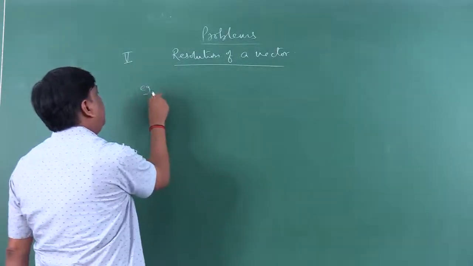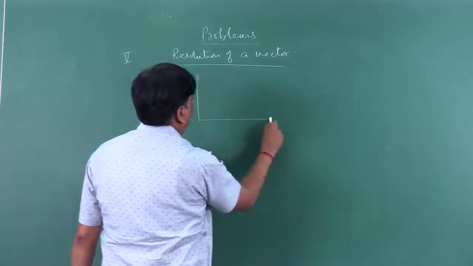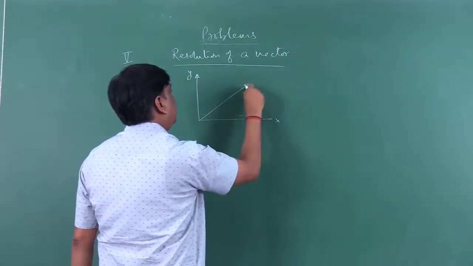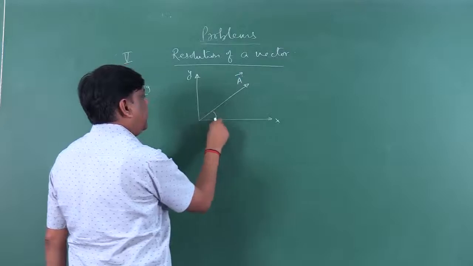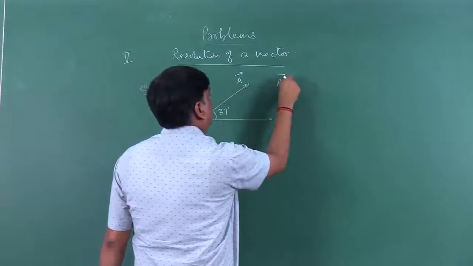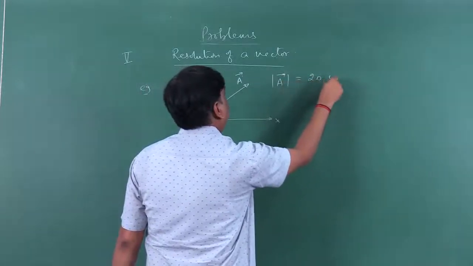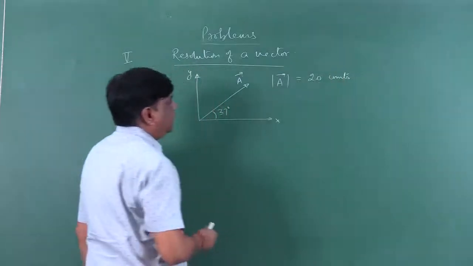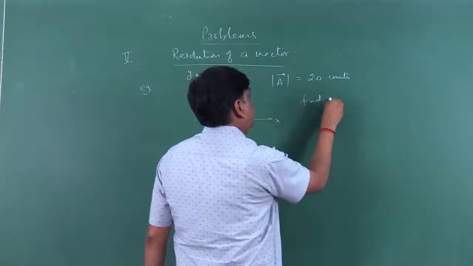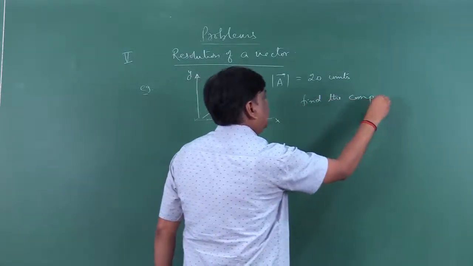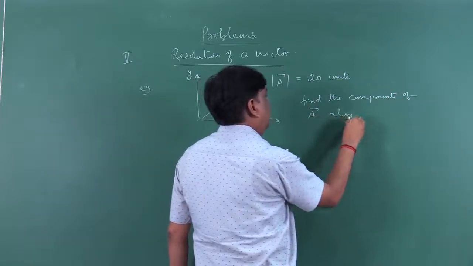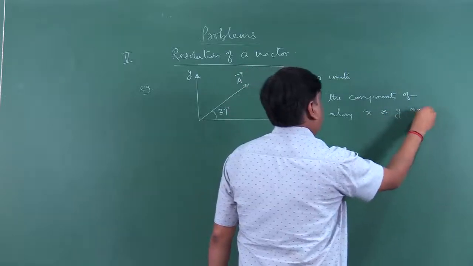So if I take an example, suppose there is a vector in the xy plane, and this vector makes a 37 degree angle here and the magnitude of this vector is 20 units. Okay. And the question is, find the components of vector A along x and y axis.